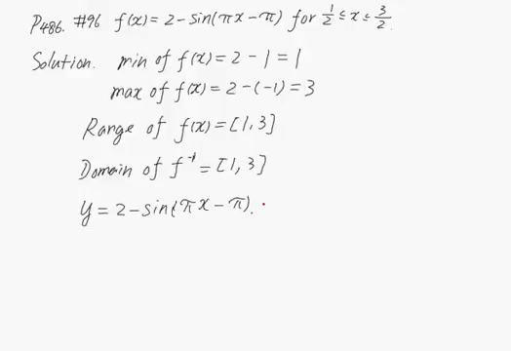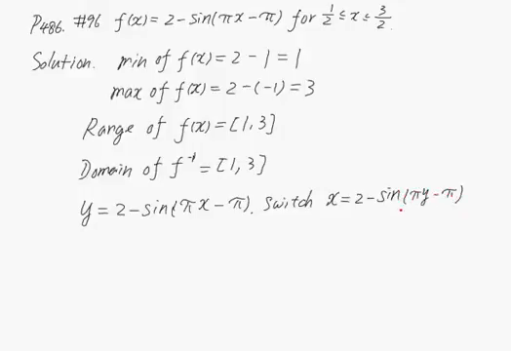This is one of the steps in the procedure for finding the inverse function. So switch. Then we get x equal to 2 minus sine of pi y minus pi.